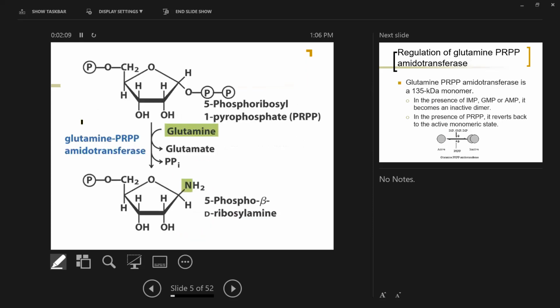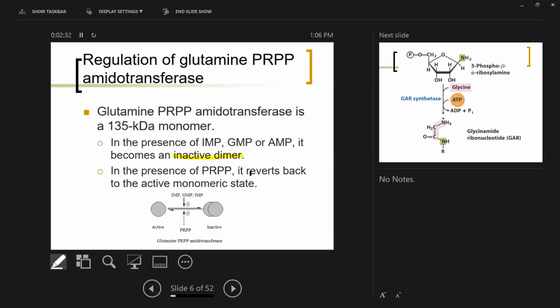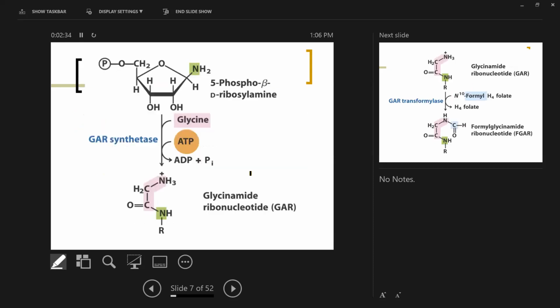And for those who are interested, although I doubt that's many of you, in E. coli, this is encoded by the purF gene. Now, this ribosylamine is not very stable. So the next reaction tends to occur pretty quickly.